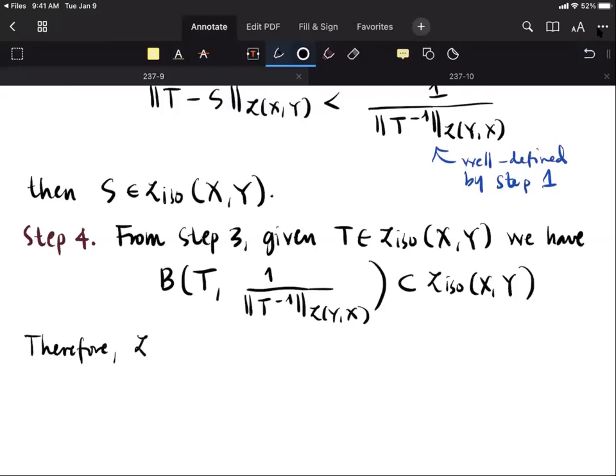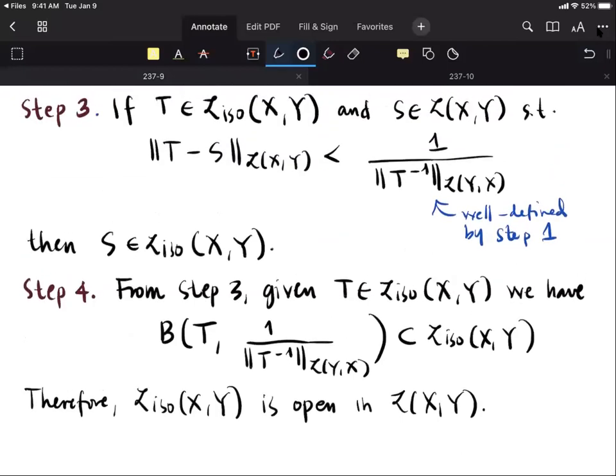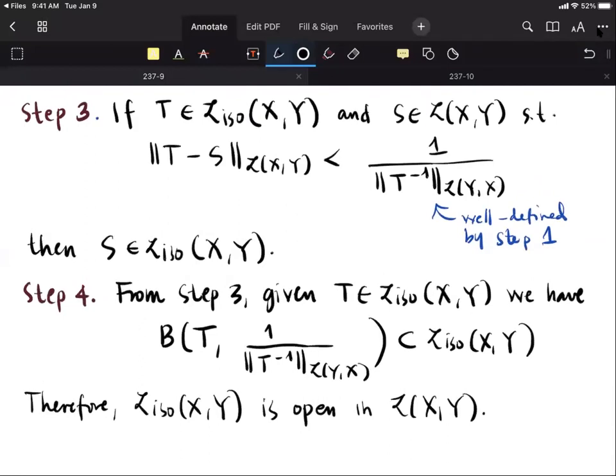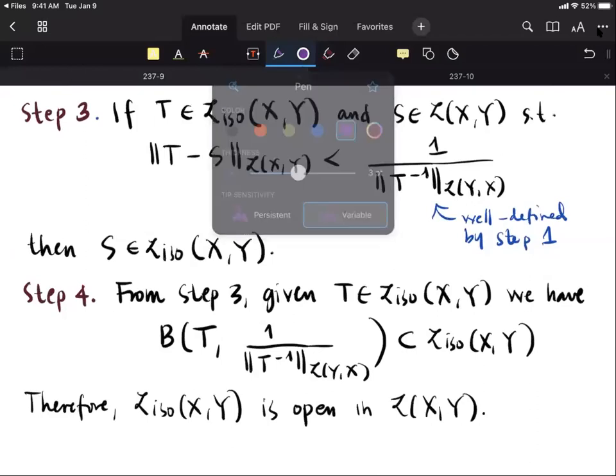So this means that, according to the definition of an open set with respect to the metric topology, this is open in the space of bounded linear operators from X to Y. So the proof will now be done once we have established step 3.